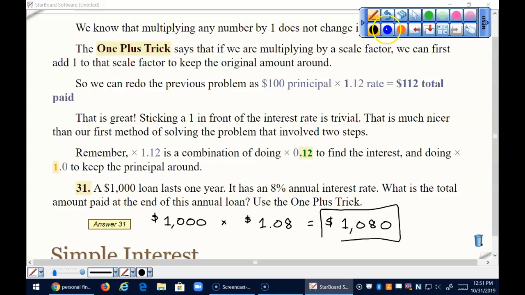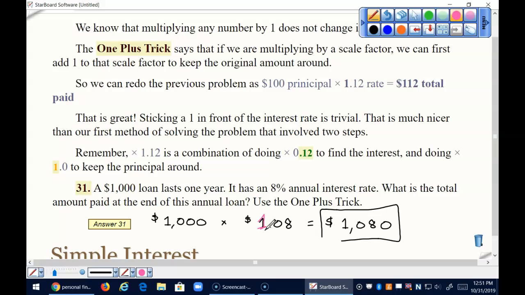Right. Oh, okay. So it's not the end answer we're looking at. We're actually looking at working out the problem, and instead of 0.12, you added the 1 in front of it. And instead of 0.08, you added the 1 in front of it.